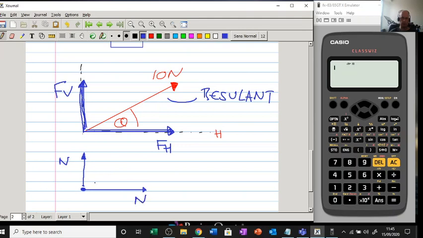So I could pull it horizontally and vertically, and the resultant force could be something like that, in that direction. If this force is bigger, it's obviously going to go a bit more that way. So that 10 newtons is a resultant of that force and that force.